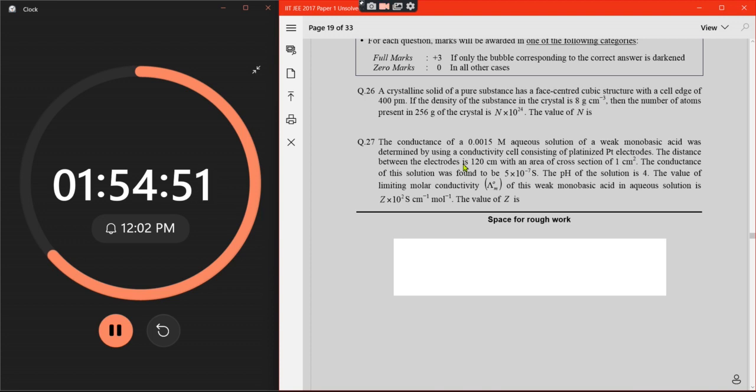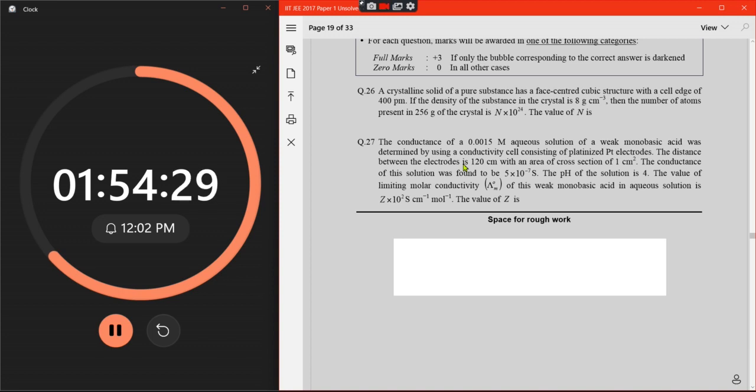So lambda is just 24, it seems. These are SI units, so 24 S meter inverse mole inverse.